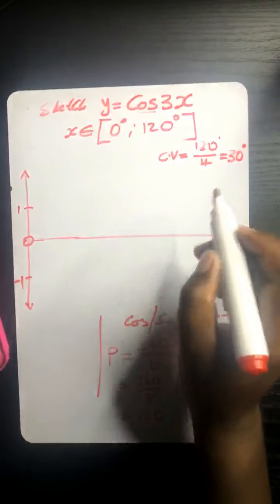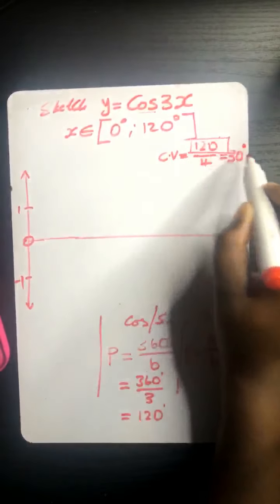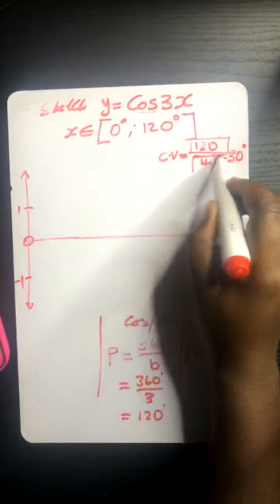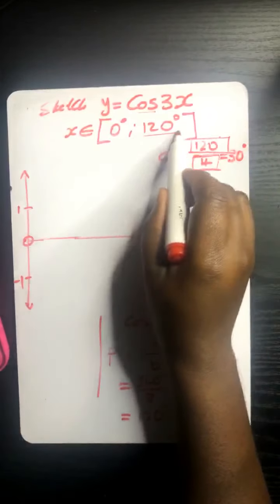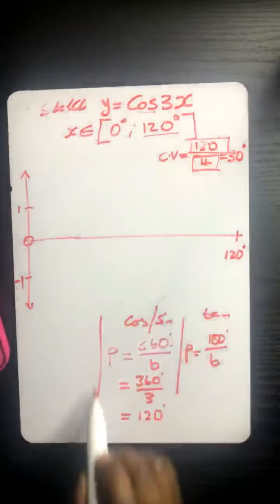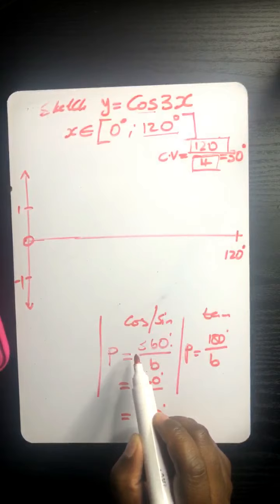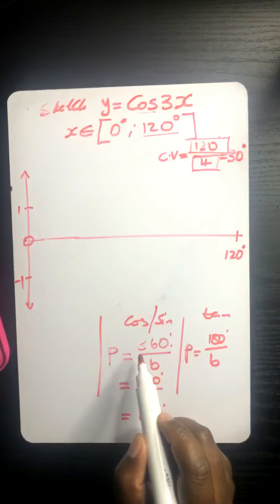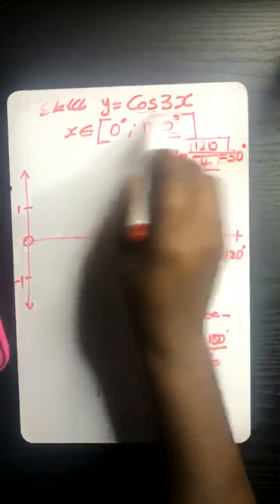You might have said 120 divided by 4, but you did not explain if this 120 is coming from there or if it is coming from that calculation. If you did explain, I was going to confirm for you, but because I saw that 120, I thought maybe you took it from there.